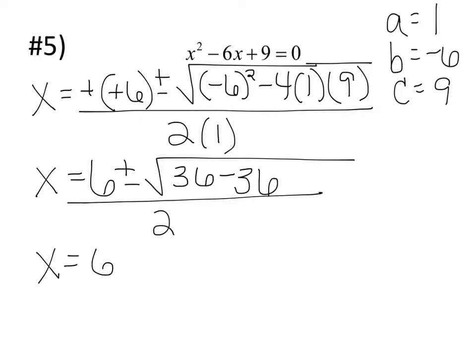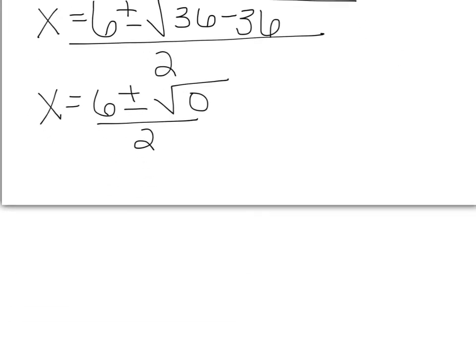X equals 6 plus or minus the square root of 36 minus 36 is 0, all over 2. The square root of 0 is just 0. So you have 6 plus or minus 0 over 2.